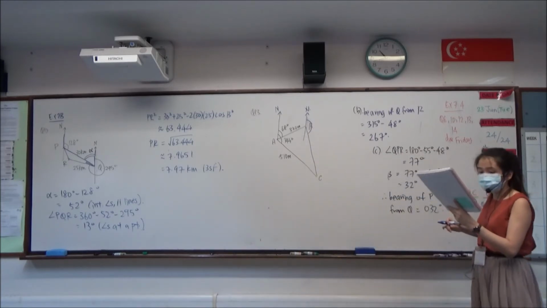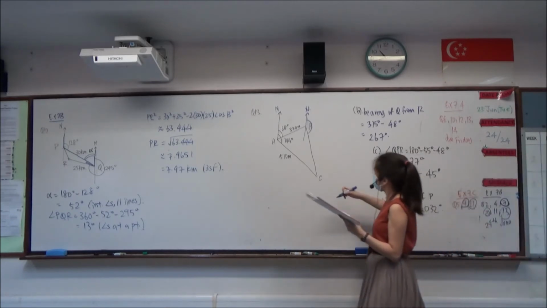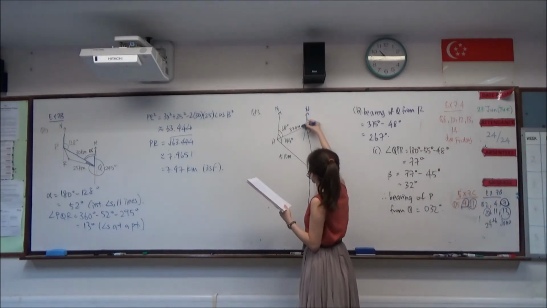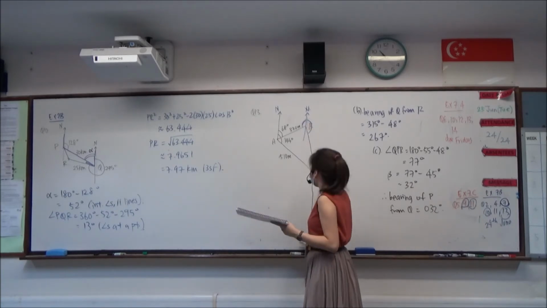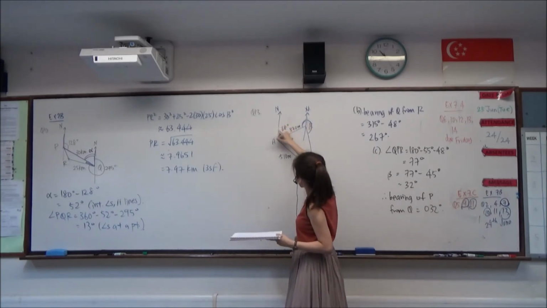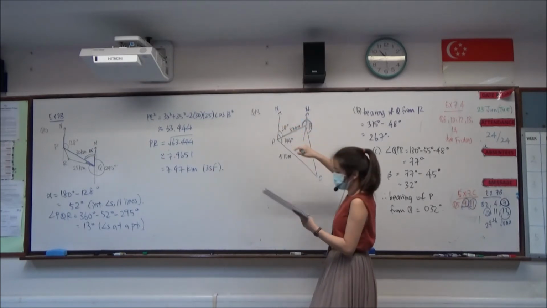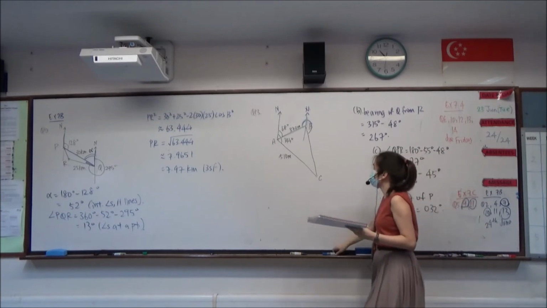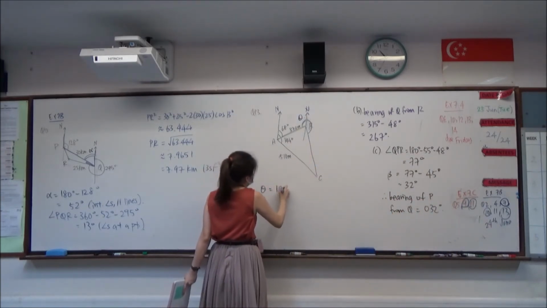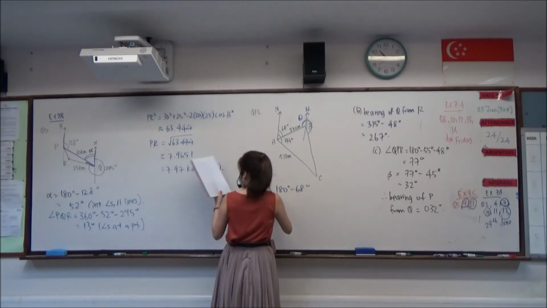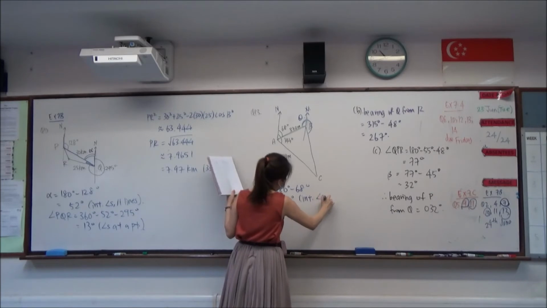In order to find the angle, we can find out what this angle is here, by using the interior angle property between 68 degrees and the parallel lines. If I have this as theta, it is 180 minus 68 degrees, so I have 112 degrees, interior angles, parallel lines.